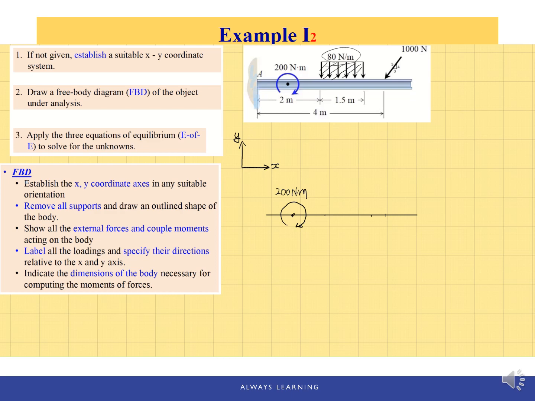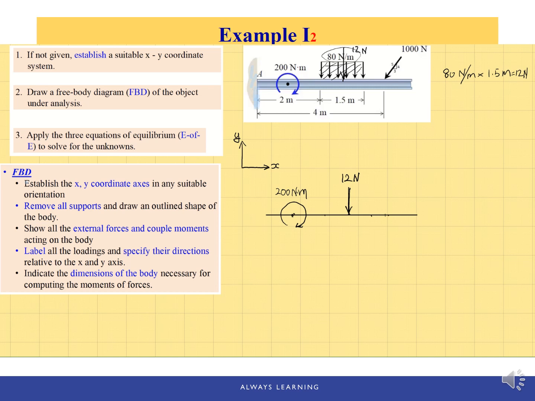So we can do the calculation up here: 80 Newton per meter times 1.5 meter, which will be 120 Newton, located in the middle of here. So we're going to place 120 Newton directly on the free body diagram, and it's pointing down in the negative y direction. And we're going to put dimensions later.